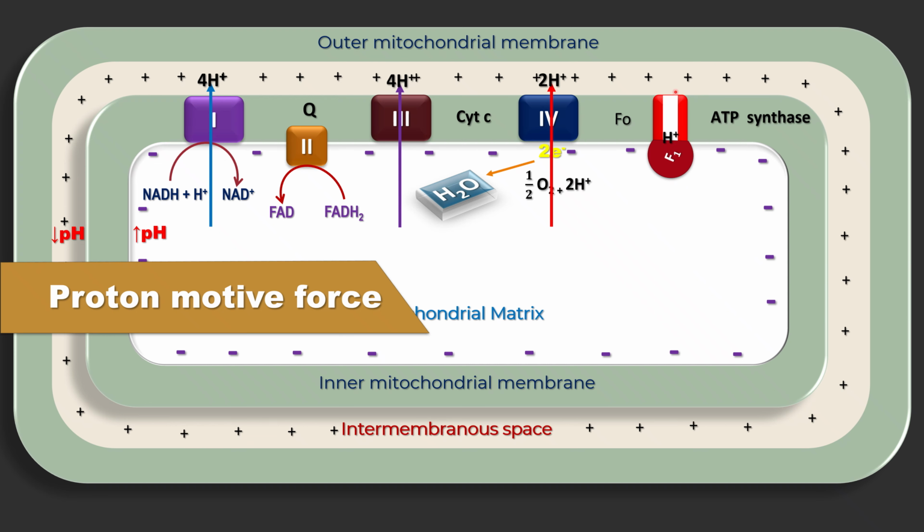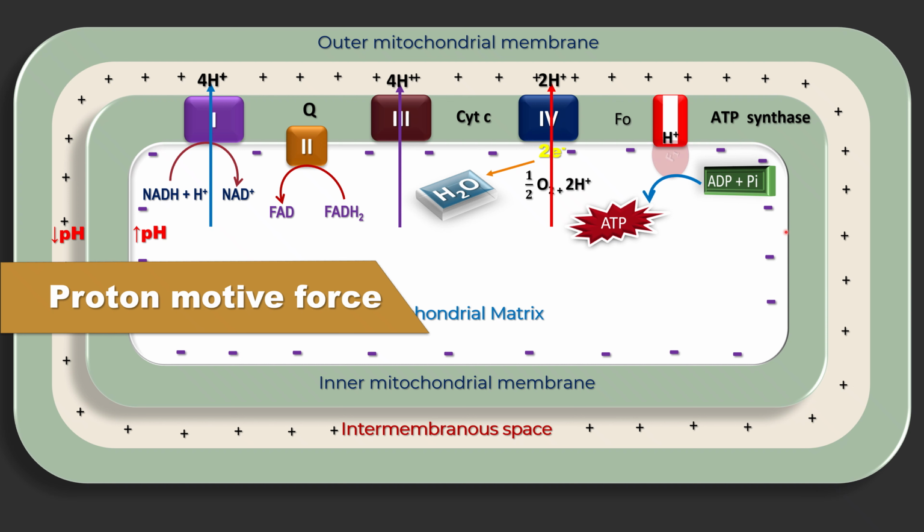When protons move through these proton channels or H channels of the FO domain, F1 has enzymatic activity. There are alpha, beta, gamma, delta subunits which make ATP, or phosphorylation.